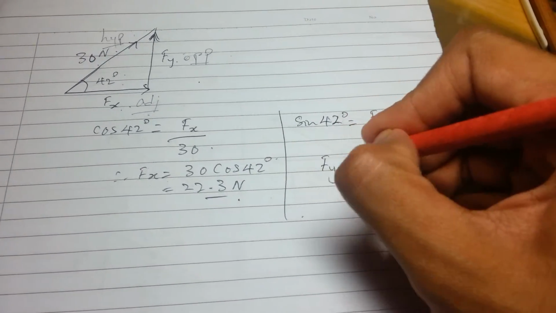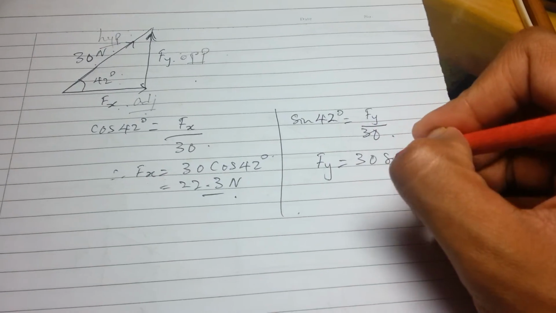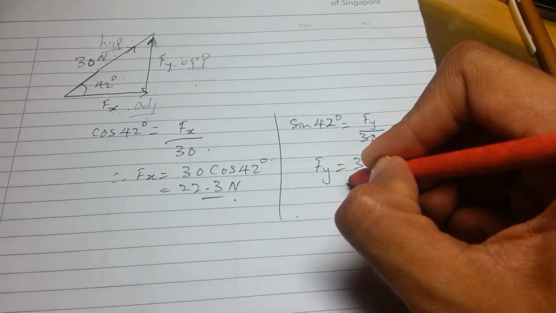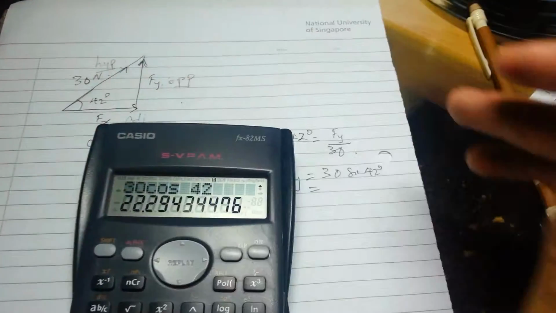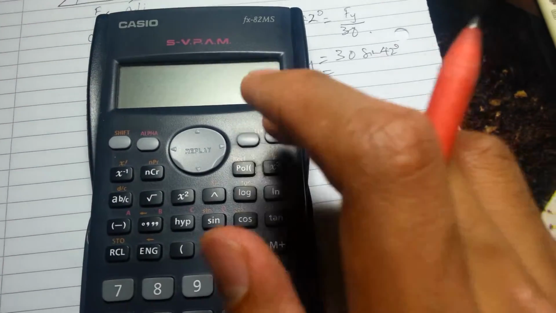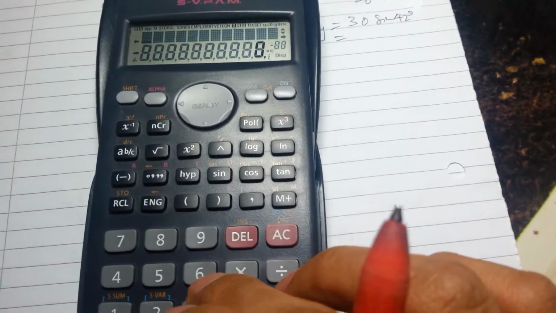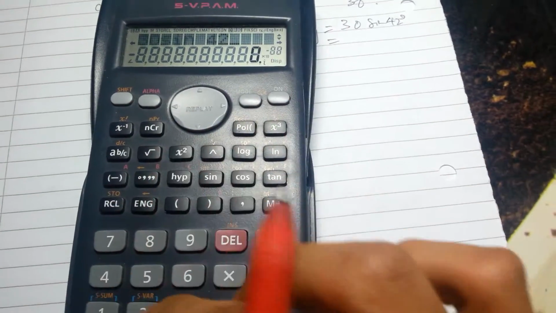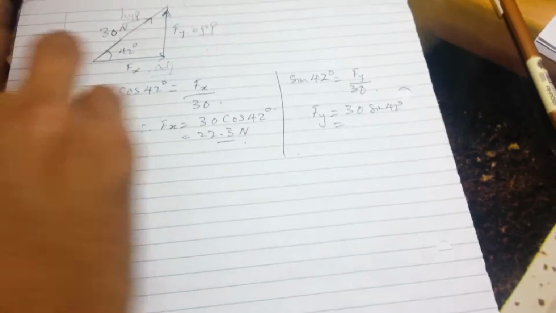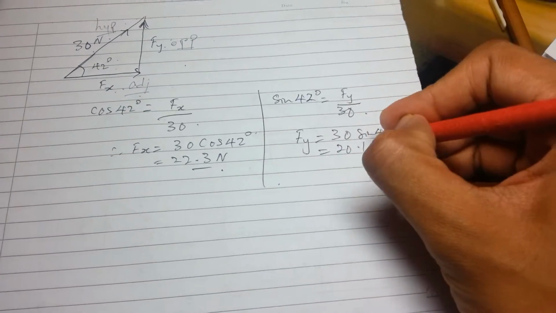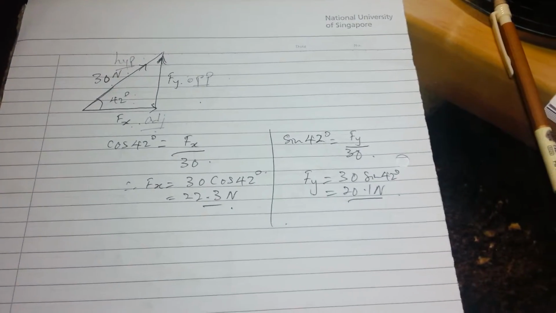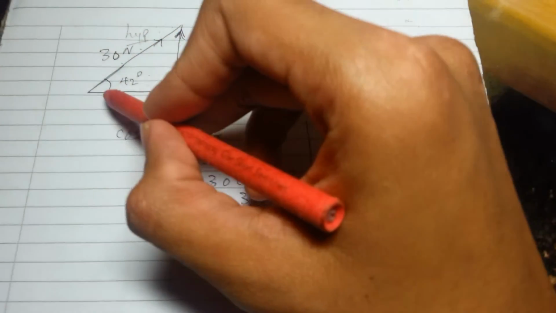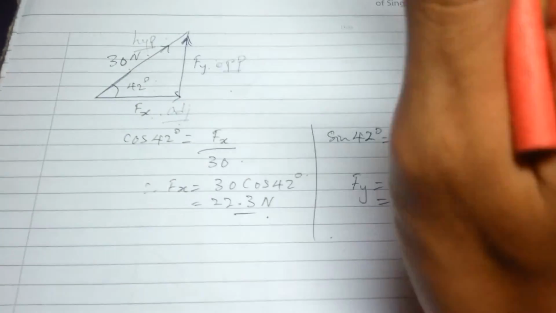So Fy is equals to 30 sine 42 degrees. So let's find 30 sine 42 degrees. That's 20.1 Newton.